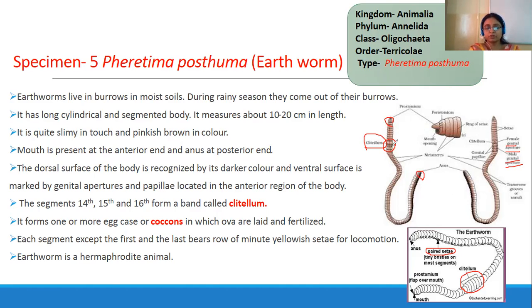And what is the function of this clitellum? See, this earthworm is a hermaphrodite animal, but cross fertilization is the rule. It undergoes cross fertilization.